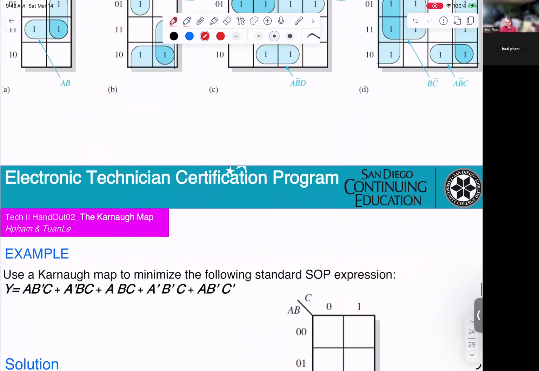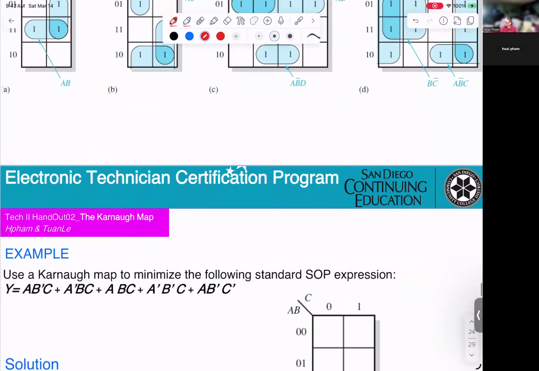A not B, C. A not A here. A not B, C. Don't forget first one. Not A, B, C. Not A, B, C. You get one here.